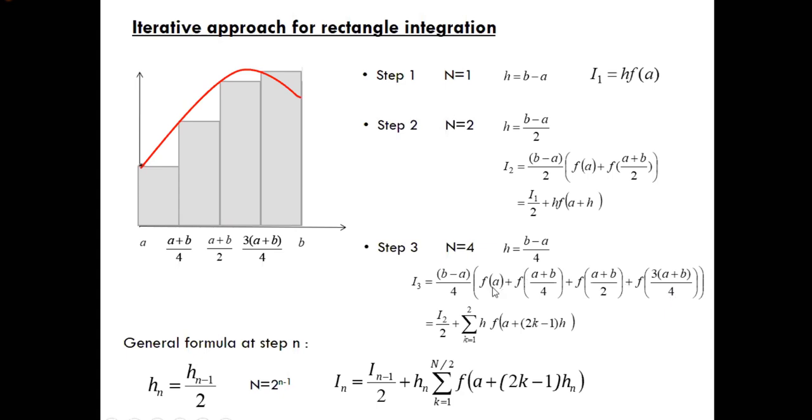Now f of a and f of a plus b over 2 are included in the previous integral, so you can express this as I over 2 plus the sum of the odd terms. So at every step you divide h by 2 and multiply the number of sub-intervals by 2, and you use the previous approximation of the integral over 2 and sum the odd terms.